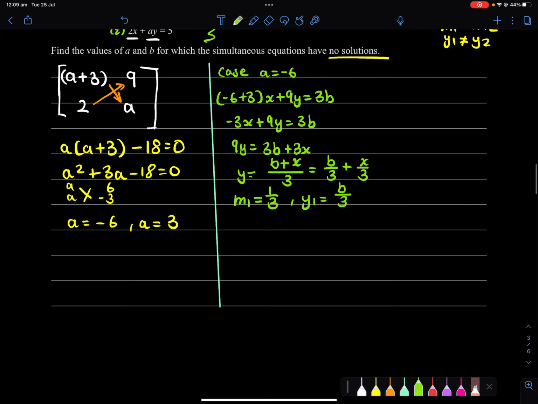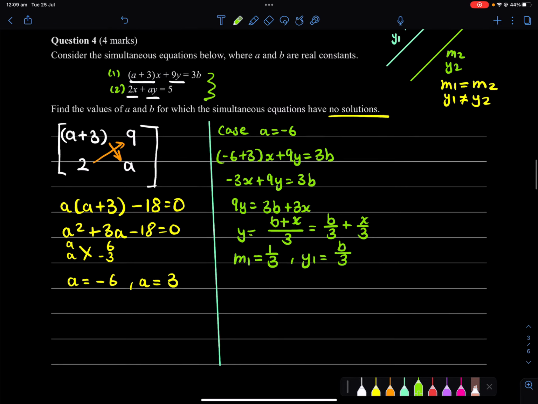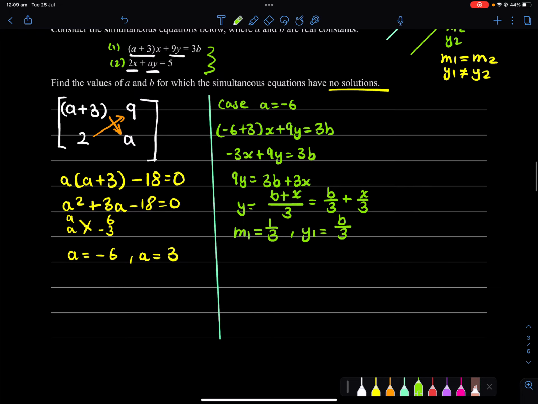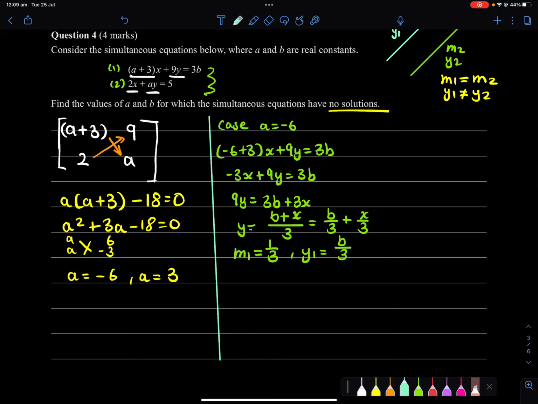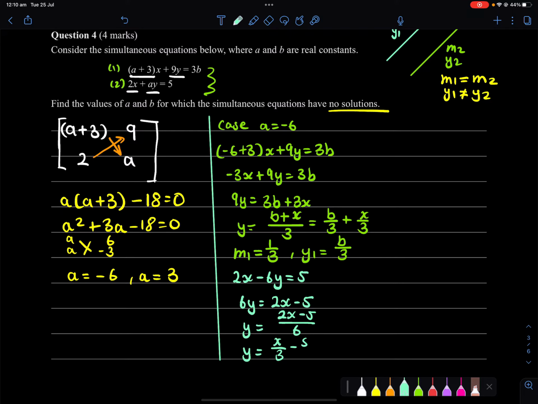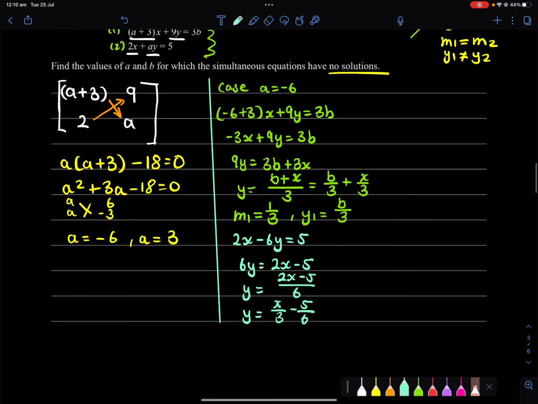Okay. Now let's sub it into the second equation. So for the second equation, I'm going to do a different color. So we're saying that 2x minus 6y equals 5. That'll be 6y equals 2x minus 5. y equals 2x minus 5 over 6. y equals x over 3 minus 5 over 6.